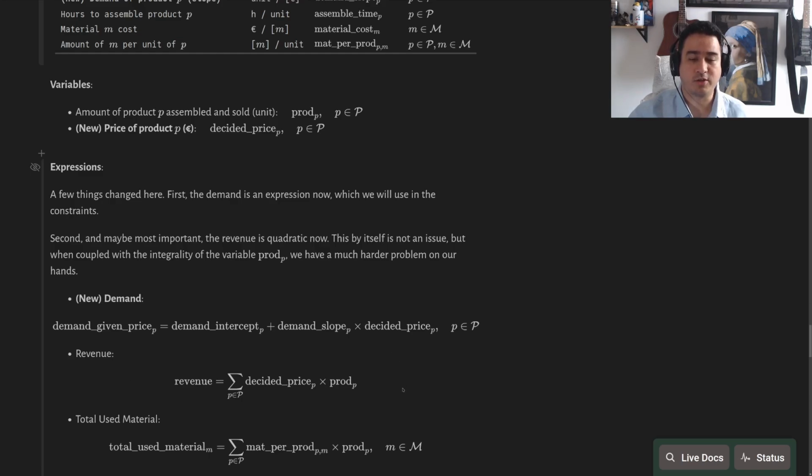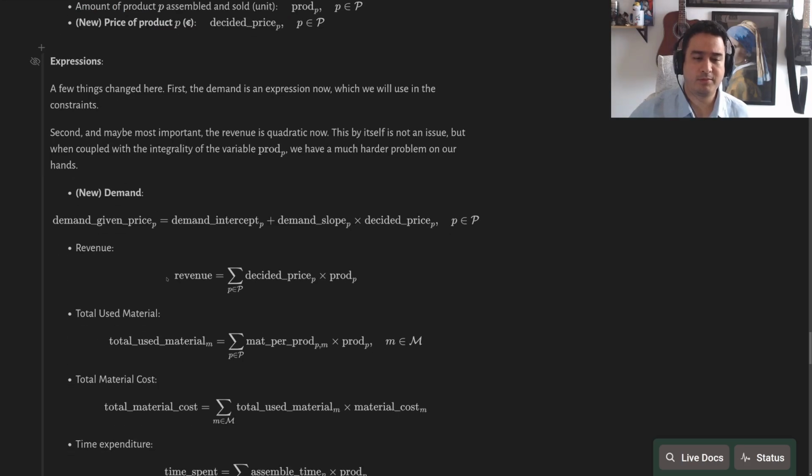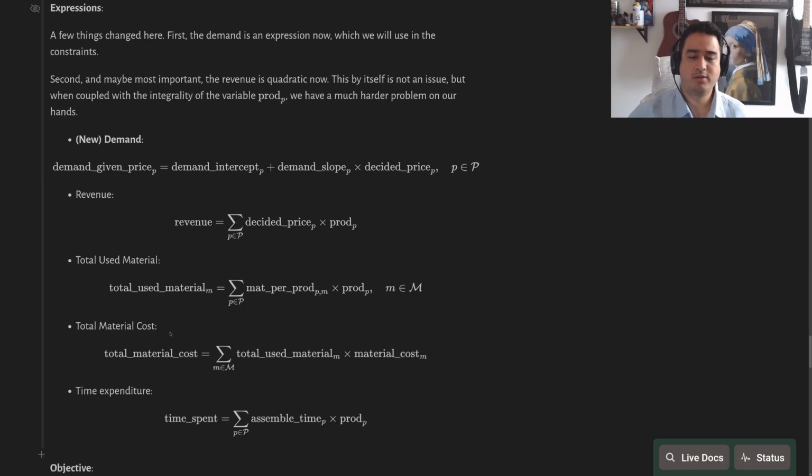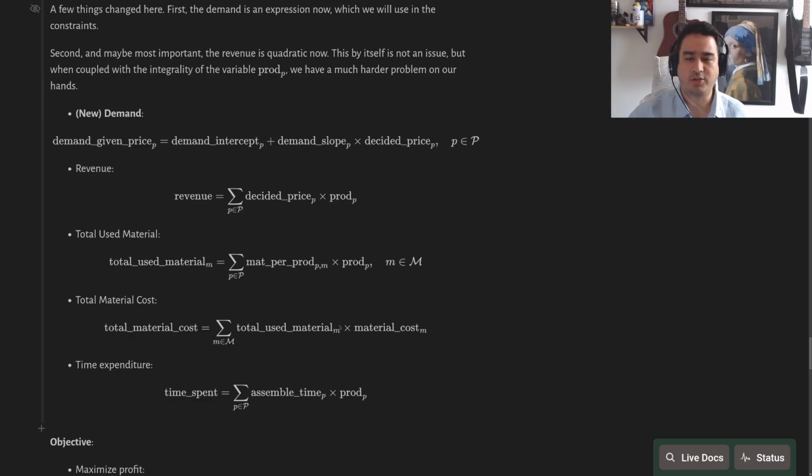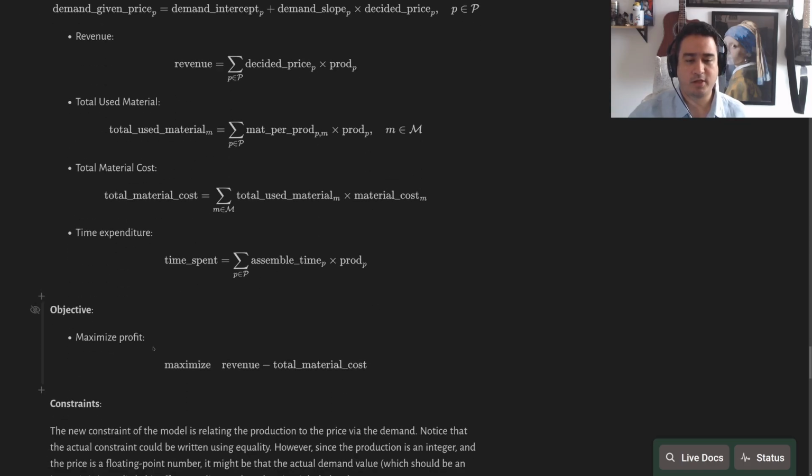We're going to be changing the solver, but we can talk more about that in the implementation. The total used material and the total material cost and the time expenditure, they don't change at all. They are just the product, just prod P here, so nothing has changed. The objective is maximizing revenue minus the material cost. That has changed a lot, but internally because of the revenue changes.